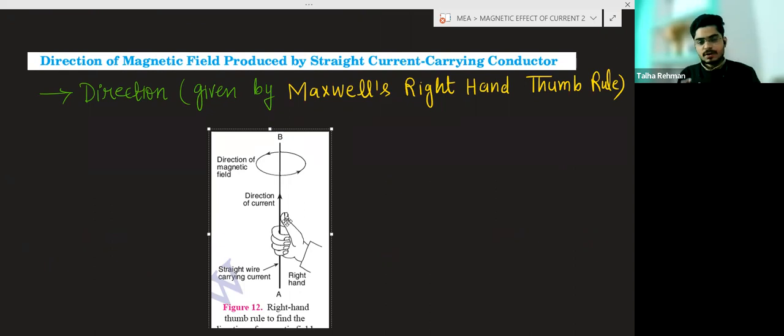You will hold the wire. Not actually, you will imagine that you are holding, grasping the wire, but your thumb should be in the direction of the current. Suppose this is the wire and the current is in the upward direction.